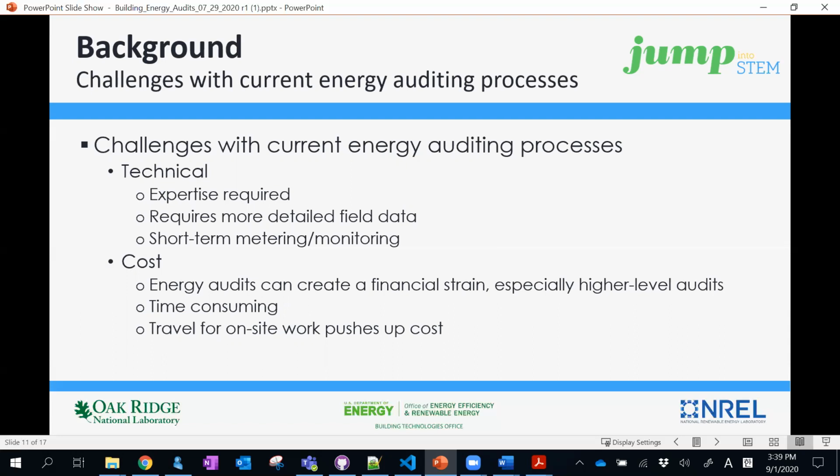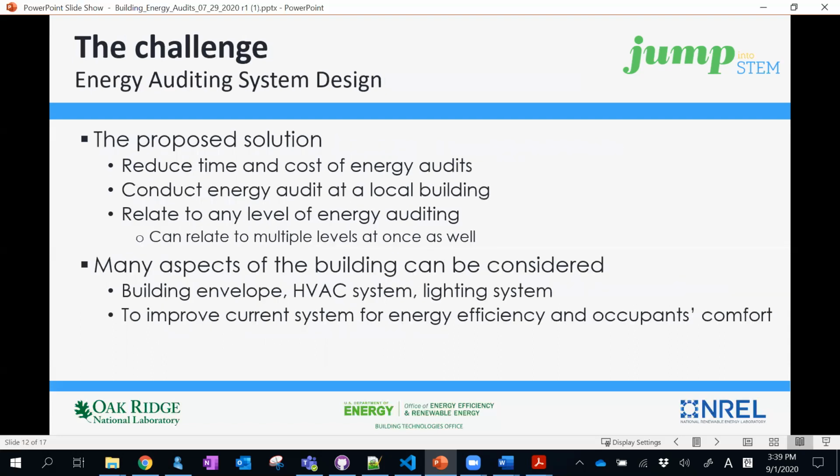Also, an energy audit can create a financial strain. Higher level audits can be time consuming, and travel for on-site work pushes up cost. The proposed solution should reduce the time or cost of the energy audit.